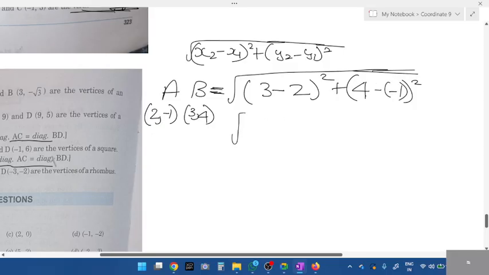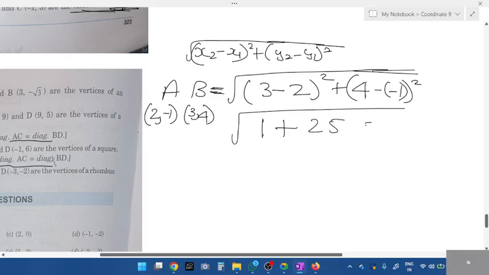Calculate this. What is 3 minus 2? What is 1 square? Very good. Plus. What is 4 plus 1? 5 square. What is 5 square?